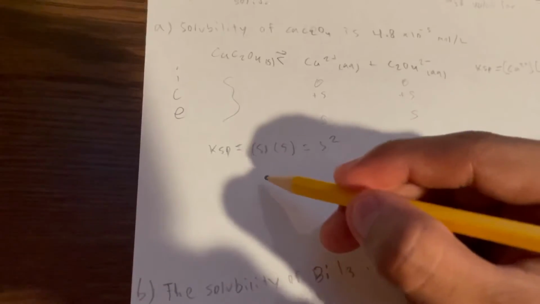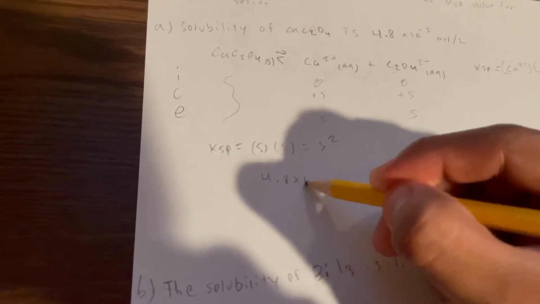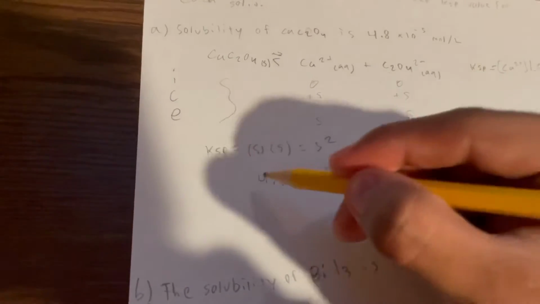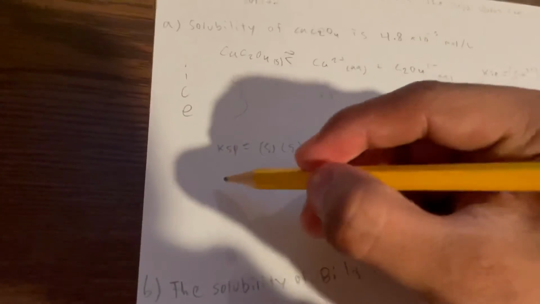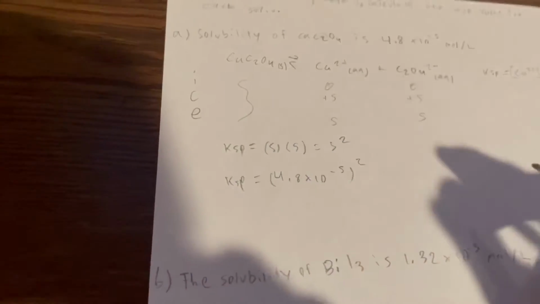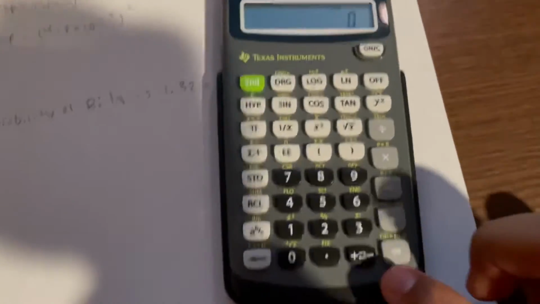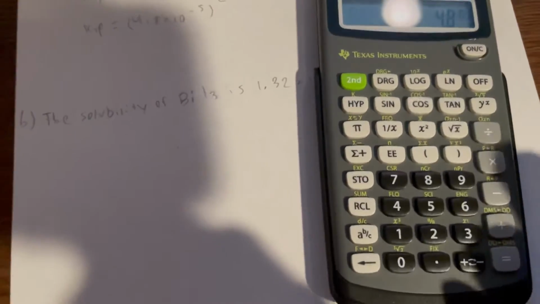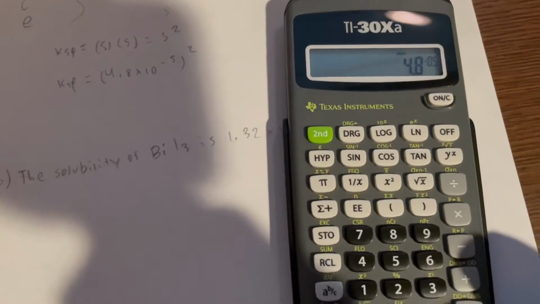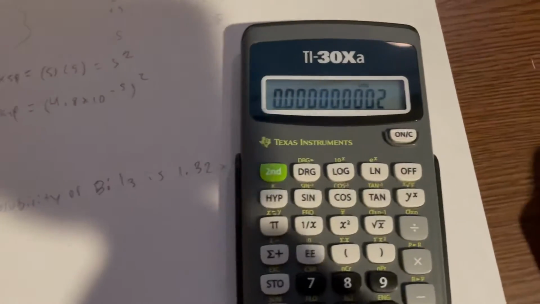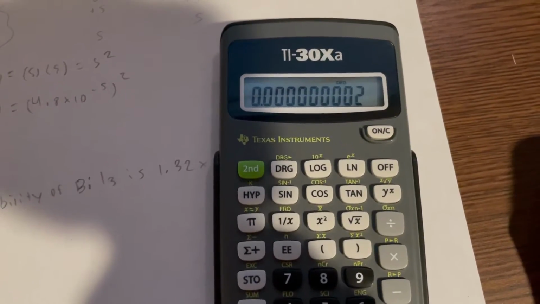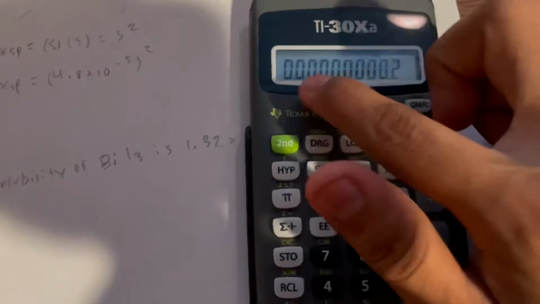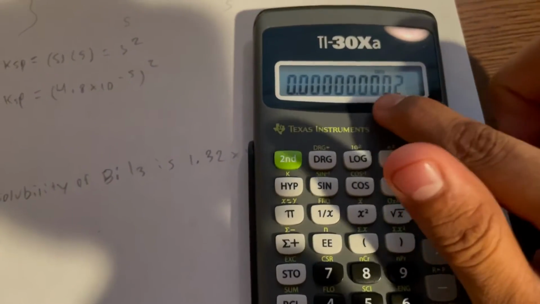So we plug in 4.8 times 10 to the negative 5, squared, equals Ksp. Let's plug that into the calculator. 4.8 E negative 5, and then we square that, and I get 0.000000002.